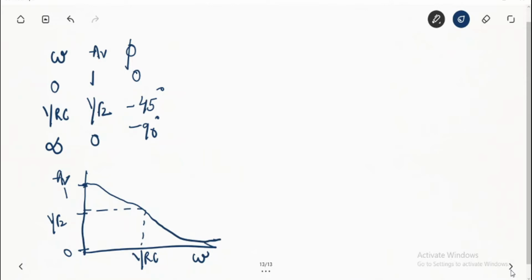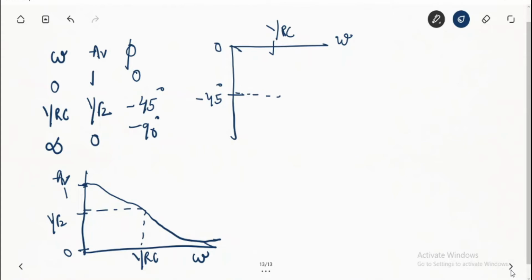And next is the phi one. You can refer to the book by Gaekwad for op-amp and operational amplifier. I'm making it in the negative direction. This is omega, and you get a graph like this, with 1 upon RC here, and here you get minus 45 degree, which is the value of 1 by root 2 basically.